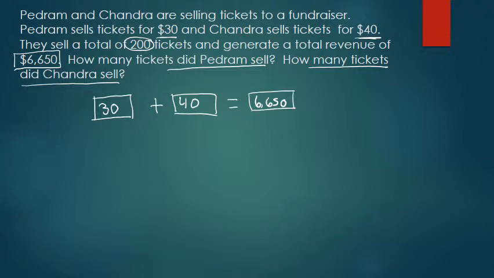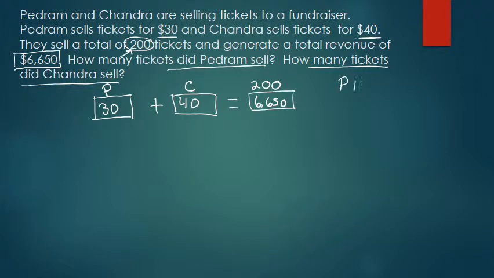Now I have the total number of tickets that Padram sold, so I'm going to use that as P. Those are the $30 tickets. And I'm going to use C for the $40 tickets. And the total number of tickets given right here is 200. And notice I once again have two equations. I have the one that runs along the top, which I call my general equation.